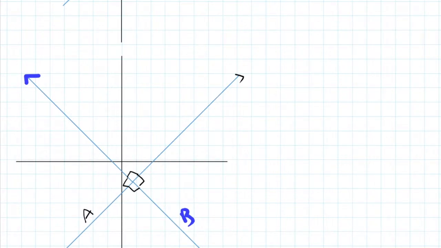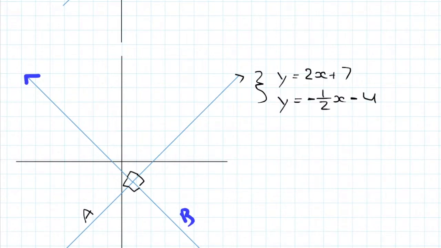Well, how can we look at an equation and see if both these lines are perpendicular or not? Like I did before, I'll give you two equations of two perpendicular lines, not these lines in fact, but just two perpendicular lines. I'll say y is equal to 2x plus 7, and over here I'll say y is equal to negative 1 over 2x minus 4, right?